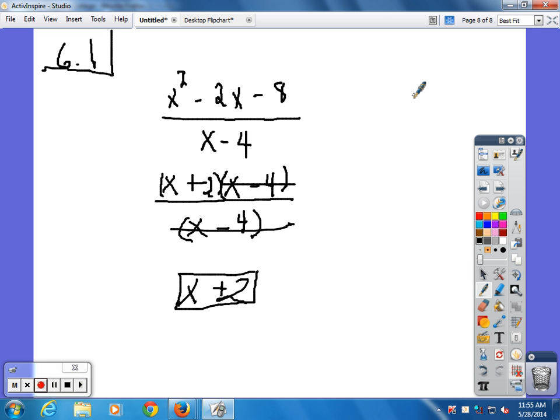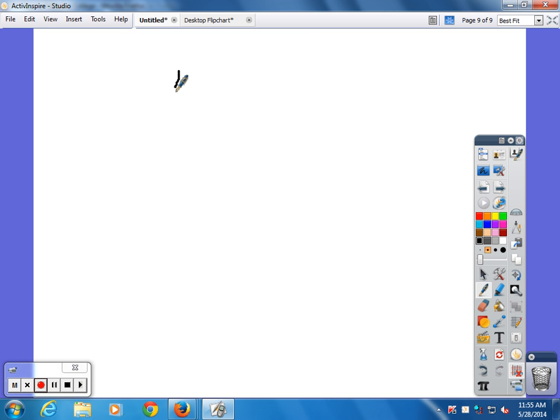Let's try another. X squared plus 8x plus 16 over x plus 4.